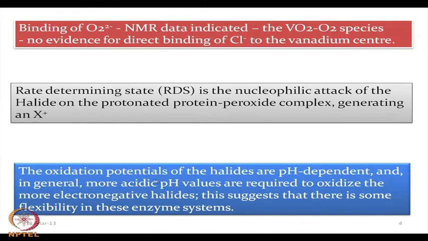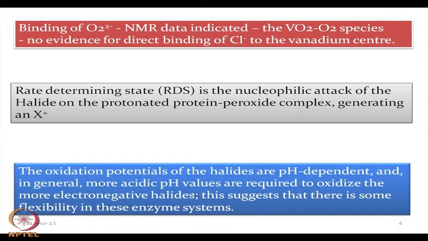So, during these oxidation processes, the same can be true if our X is Br or X is I. That means, for bromide oxidation or for iodide oxidation, we are utilizing the same peroxide.